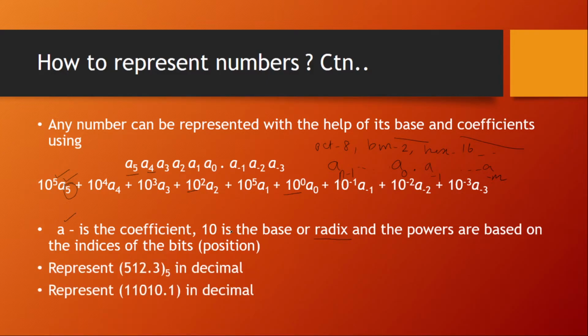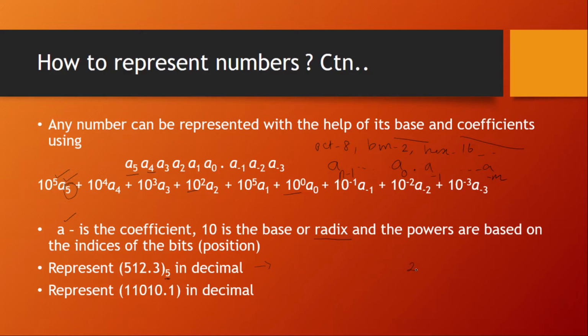So let's take a pause here, and please try to represent this number 512.3. Again, I have a base representation here, which means it's of base 5. I want you to represent that in the decimal value. So what we can do is, I can start with my least significant bit.